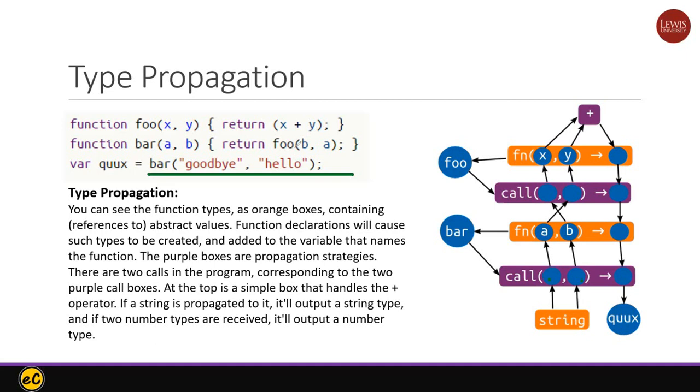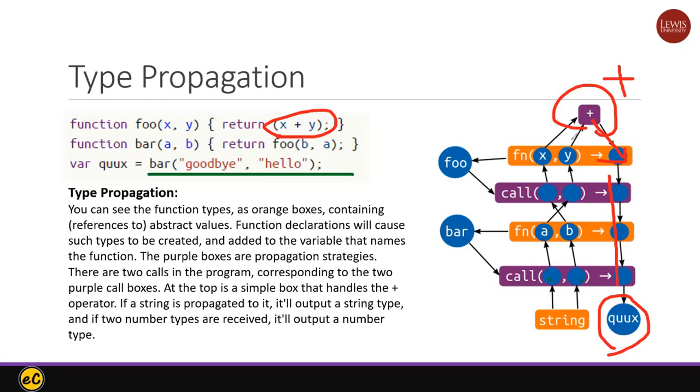And it changes to call the foo function. So this one calls the foo function. So the foo function determines x and y are both strings. And here this plus sign will do concatenation for strings. And then it returns the value one by one, and then returns to the caller.